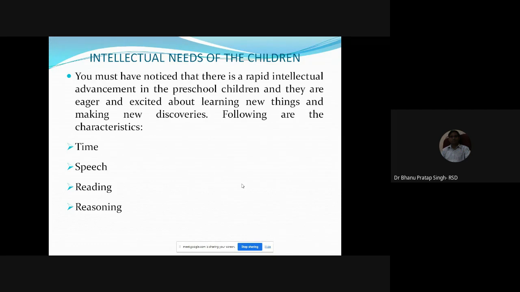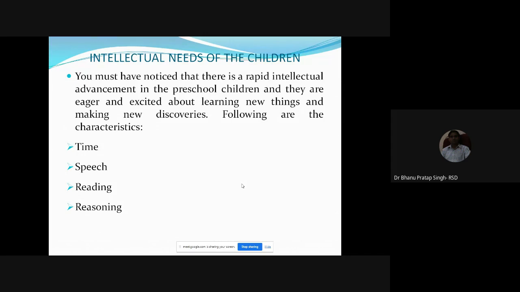Means the children at preschool learn about time and about speech; they start speaking, even making sentences, learning new words, and enriching their vocabulary.